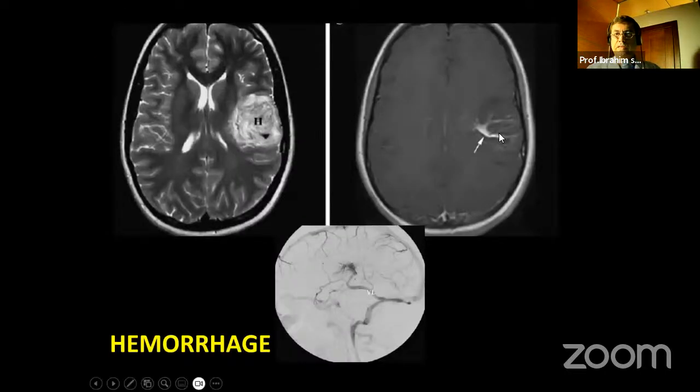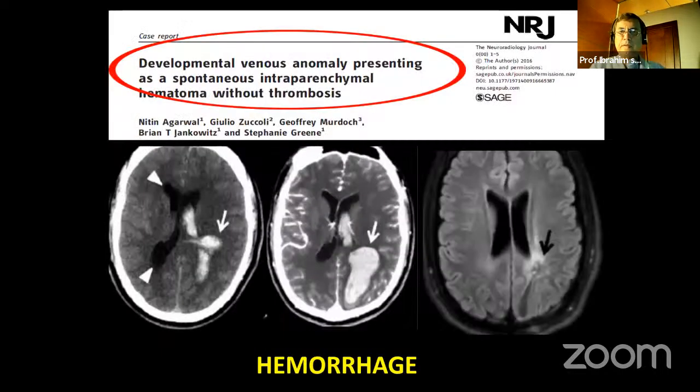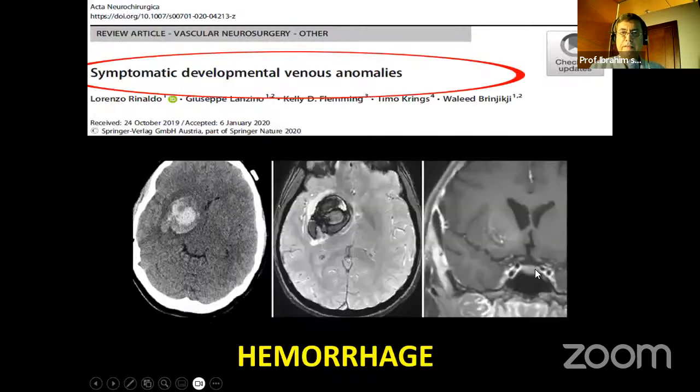Another DVA like this presented with hemorrhage. So if you're not careful and you go for angiography to see it, you will miss the cause of this bleeding. Another paper with a patient presenting with hemorrhage like this due to DVA. And another large intraparenchymal hemorrhage due to DVA.